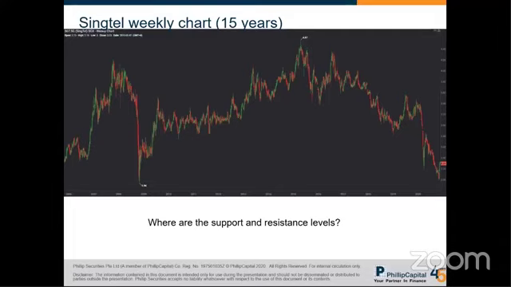Okay, so we go back to the chart. If without giving you anything, are you able to identify the support and resistance level? Anyone want to try to give a price where you think the support and resistance is?